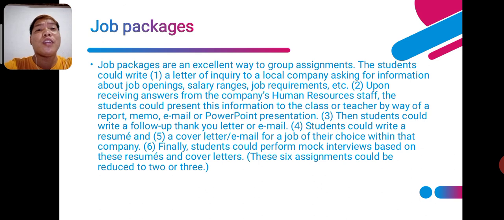So the student can actually choose which one he will use to do the reporting, after he received a response from a company where he was applying. Then students could write a follow-up thank you letter or email. Or students could write a resume and a cover letter or email for a job of their choice within that company. Finally, students could perform mock interviews based on these resumes and cover letters. These six assignments could be reduced to two or three. Okay, it depends on you.